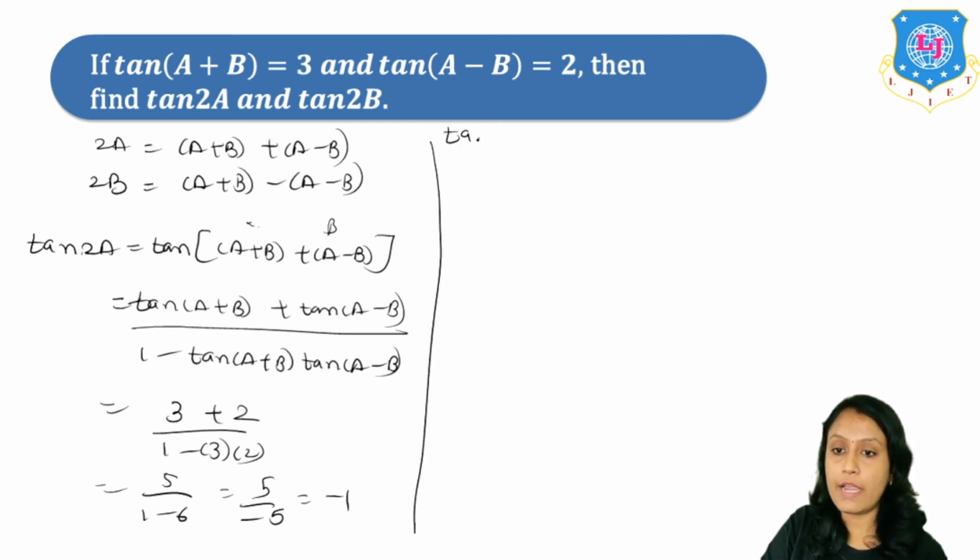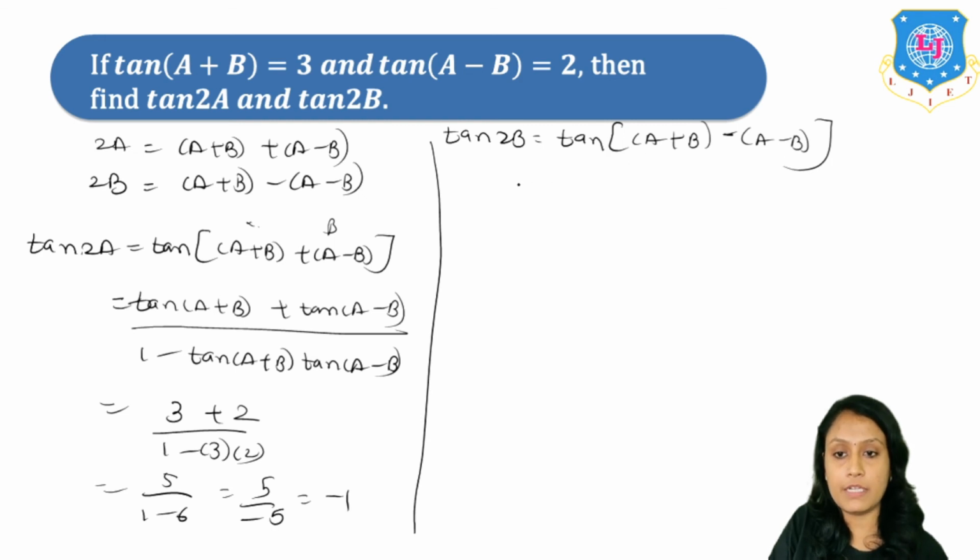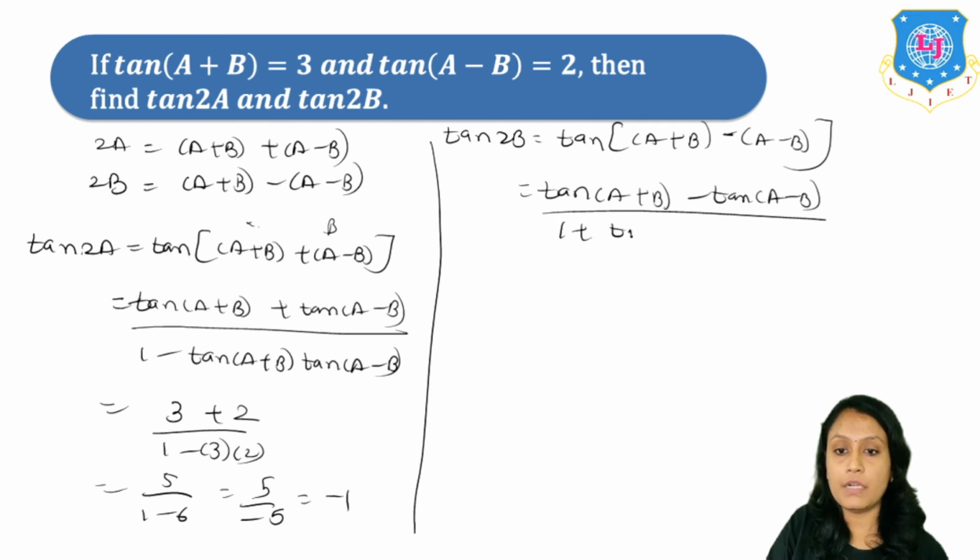Next we have to find tan 2b. So this will be tan of a plus b minus a minus b. Now we will apply the formula of tan alpha minus beta. So you will get tan a plus b minus tan a minus b upon 1 plus tan a plus b into tan a minus b.